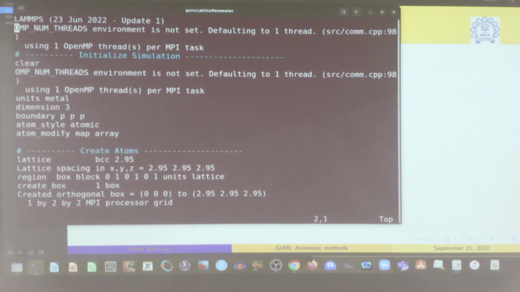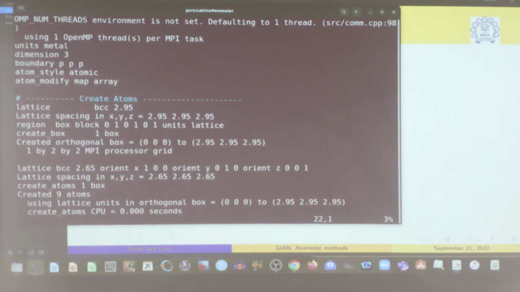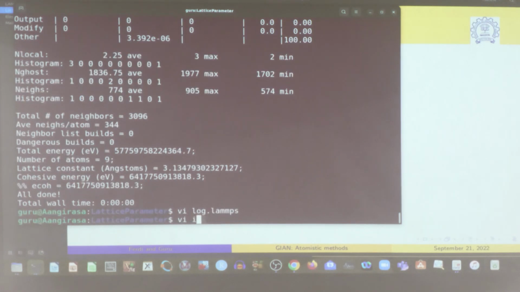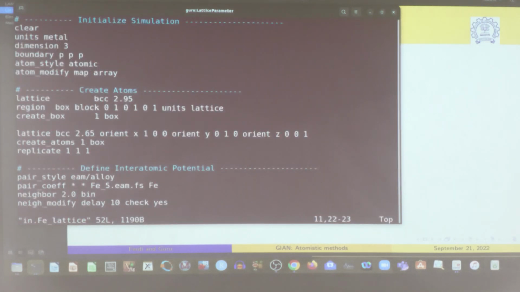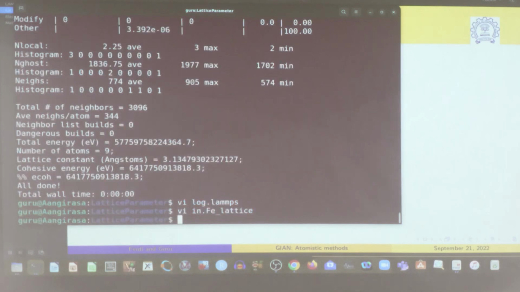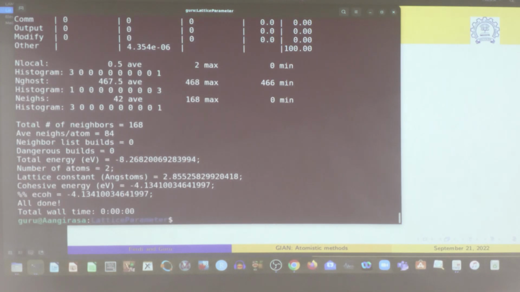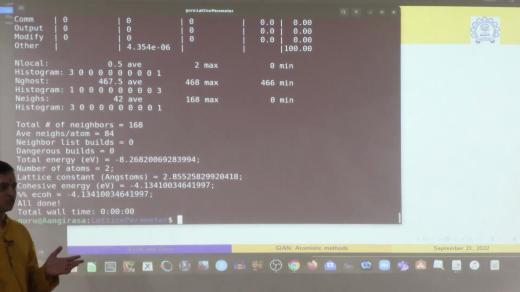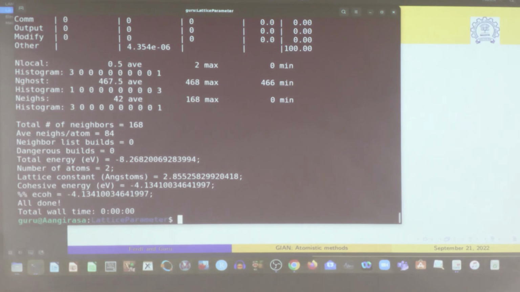So, let us look at it. I started with 2.95, I made a mistake. Right. Now, it is getting 2.855, okay?